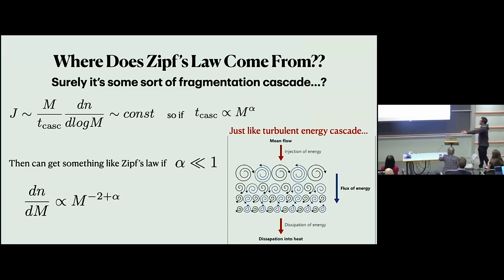You cascade from large masses to small masses. And if this cascade time is scale-free, it just has some power law scaling, then just like what you do for turbulence, you can get something like Zipf's law if this cascade time does not depend strongly on the mass.